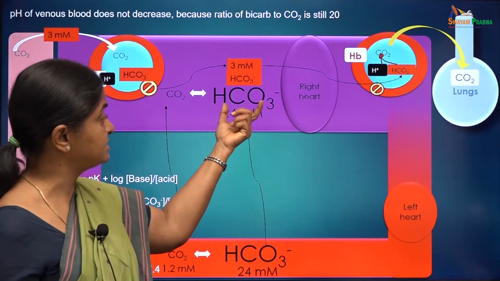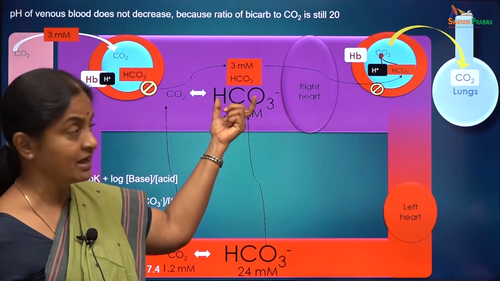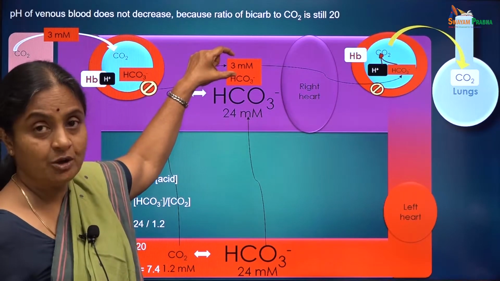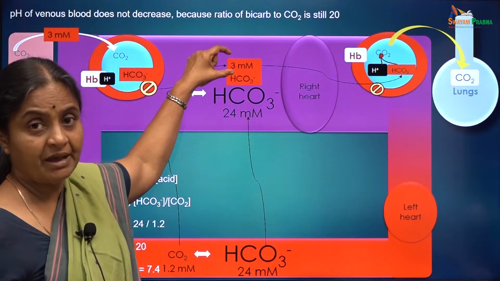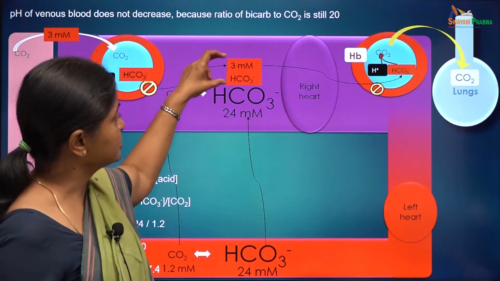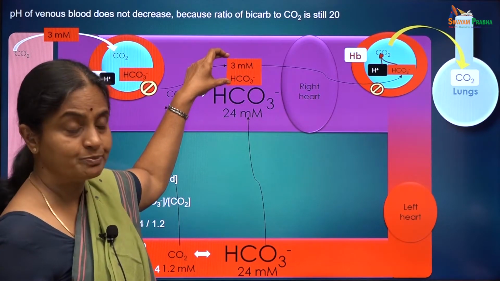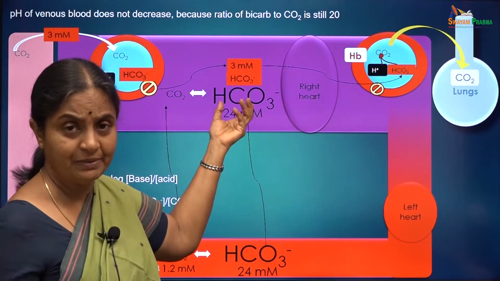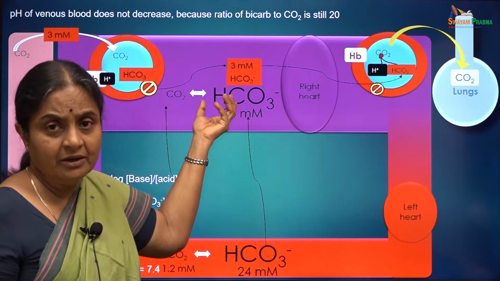We could call this the plasma component of the bicarbonate compartment, and this the erythrocyte component of the bicarbonate compartment. So, this small excess of 3 millimoles per liter which came in from red blood cells could disturb the pH, albeit in a very small way.